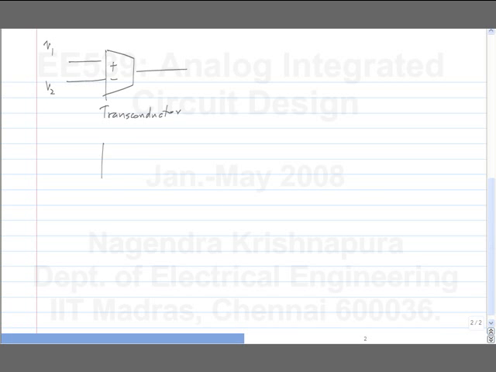What we need is an Opamp that gives V out as a function of V1 and V2. In fact, we would like V out by V1 minus V2 to be omega u by s in the ideal case.